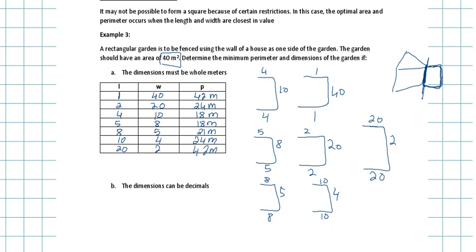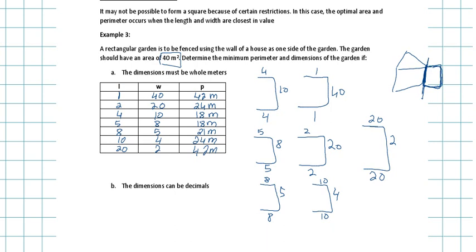Now, if you're looking at this, what do you notice? So the two middle numbers are 18. So I have two dimensions in this case that gave me 18. I have 4 by 10 or 5 by 8, and they both give me 18.